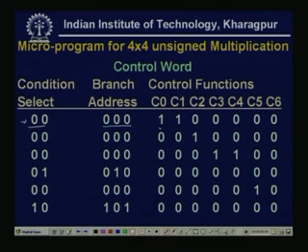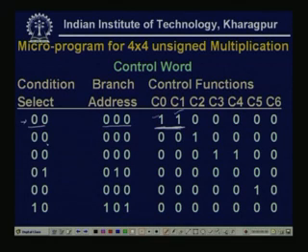C0 is the reset and C1 is the multiplicand assigned to register M. As these two are parallel, both C0 and C1 are 1 together. So, a 1 in two places in one row of the control function indicates parallelism. That means 2 microinstructions are combined.